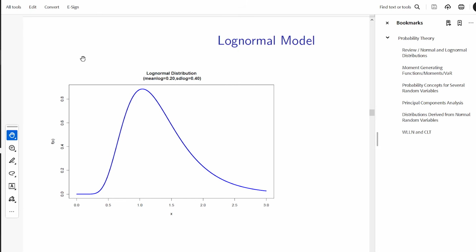And as you work with different distributions, you may find it useful to consider specific parameter values.